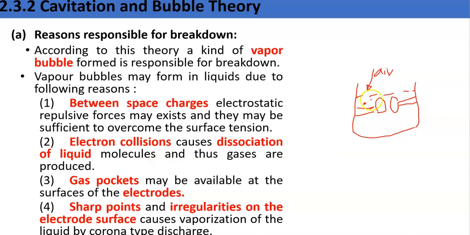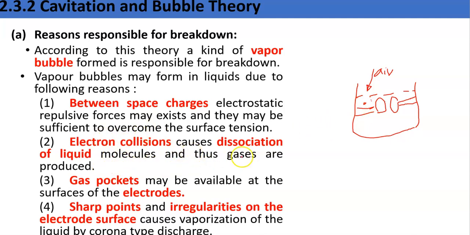So some liquid molecules may dissociate, meaning separate, and that separation of the liquid molecules will create the gas. Because in the liquid something is happening, you are heating, you are giving a very high electric field, so some dissociation of molecules will take place and due to that gas will be created.